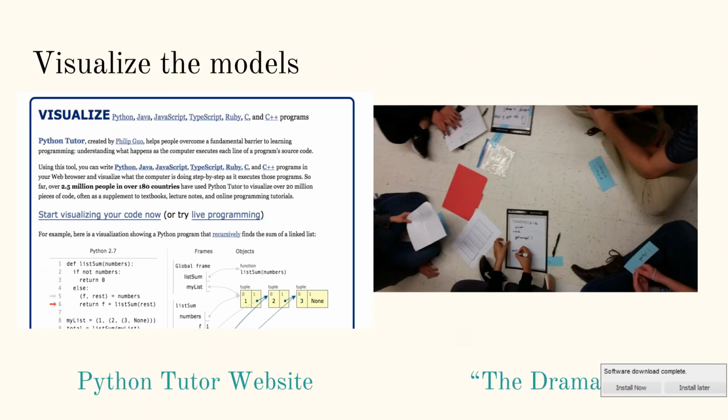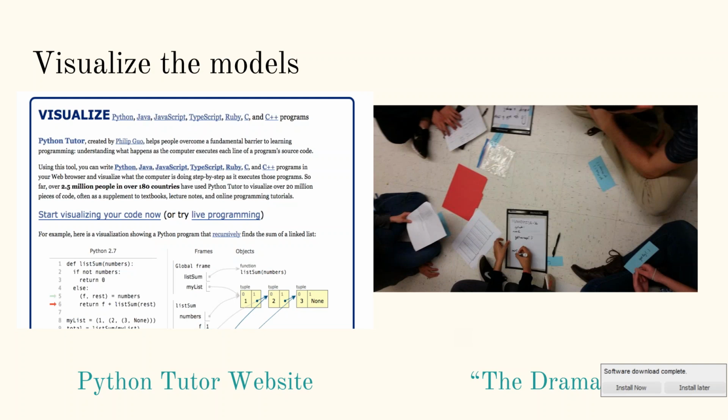Okay, here we go. So visualizing the code models that you give them, there's a couple options that I know of to do this. The first one on the left is a website called Python Tutor. It also is available in Java, JavaScript, TypeScript, Ruby, C, and C++.